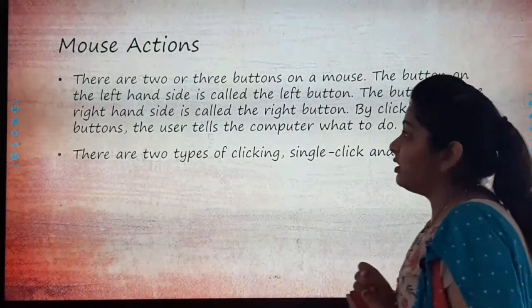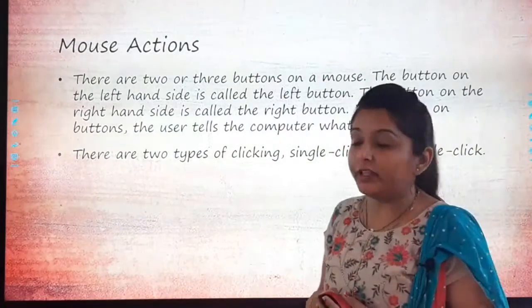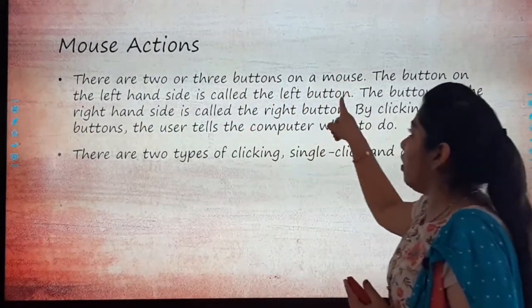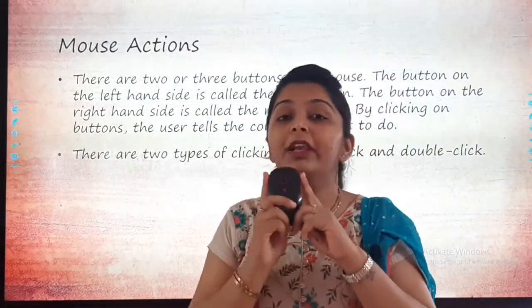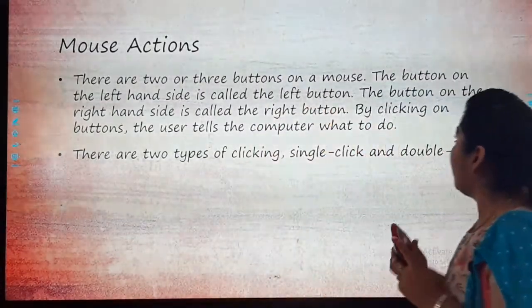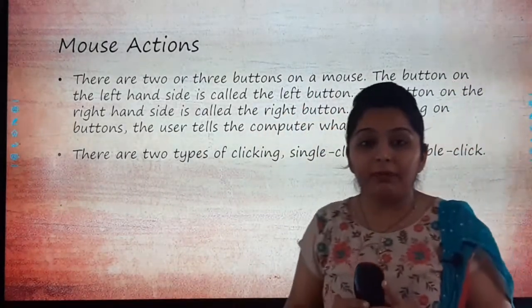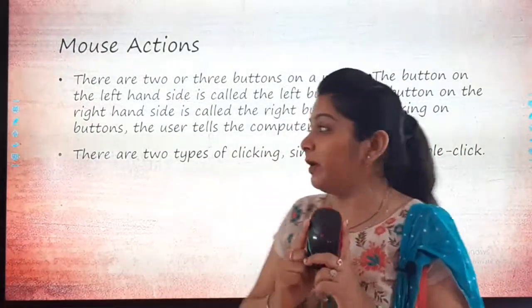Mouse action. There are 2 or 3 buttons on the mouse. We have studied this. Okay, the button on the left hand side is called the left button, and the button on the right hand side is called the right button.